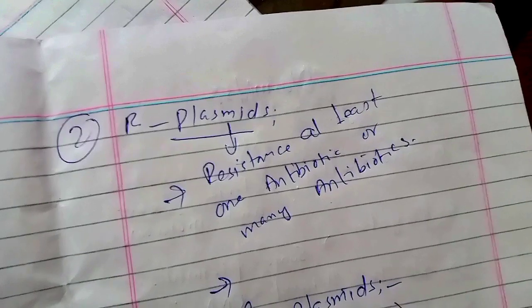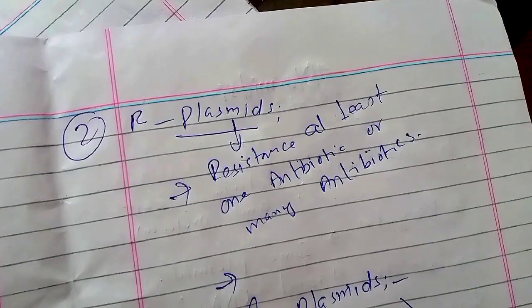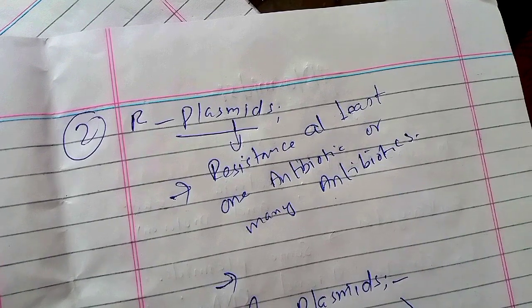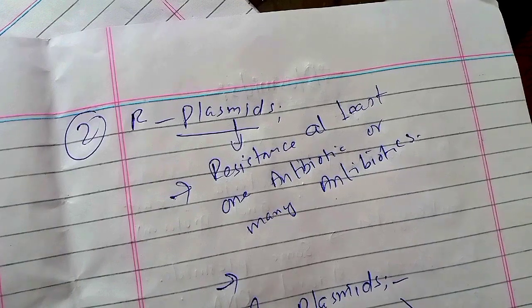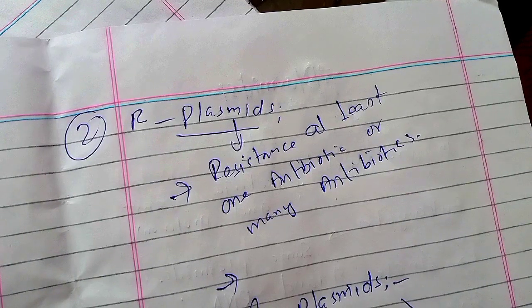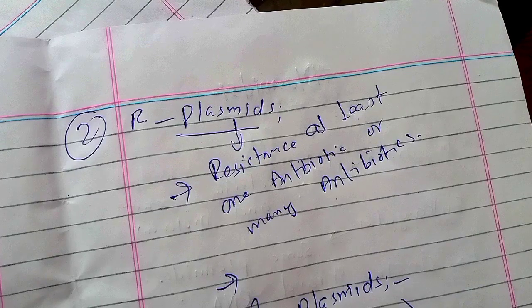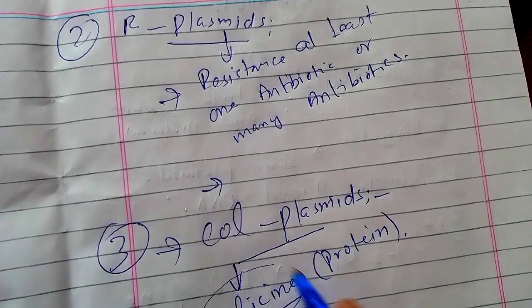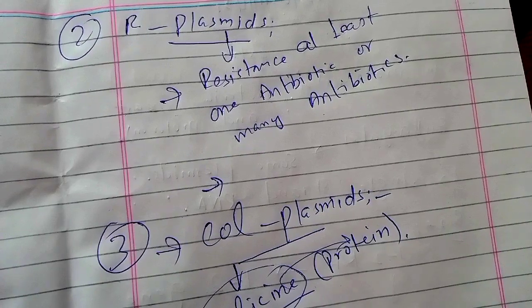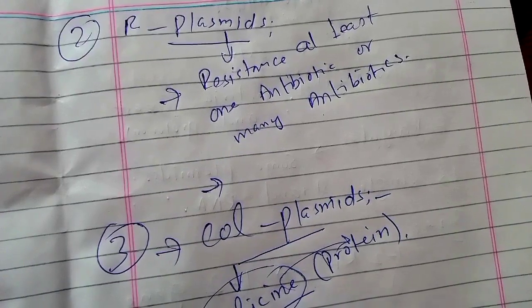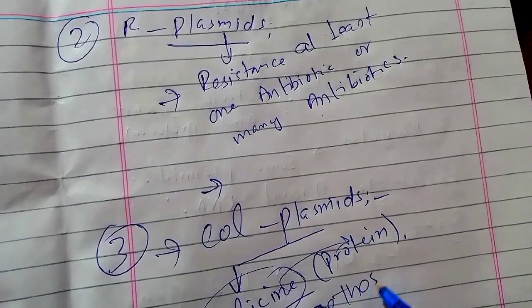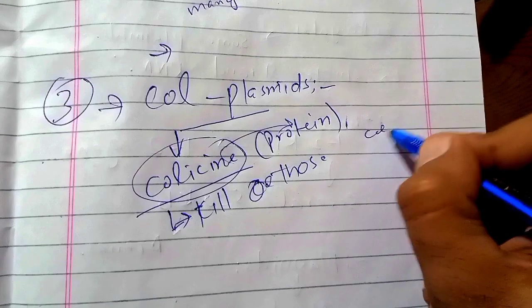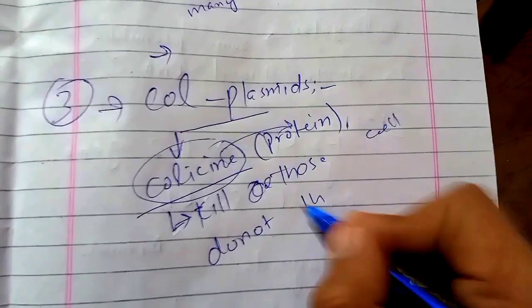These plasmids also have the ability to show resistance against colicin, so they can produce colicin and resist it. Colicin plasmids have the ability to produce colicin, which is a protein, and then to kill those cells which do not produce colicin.